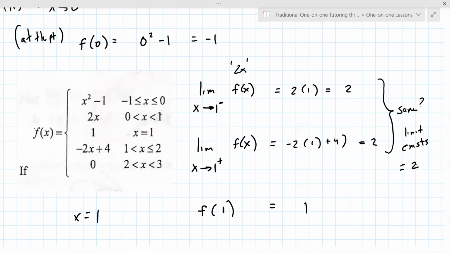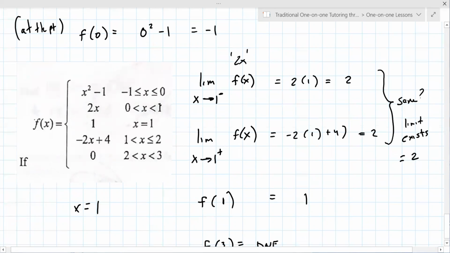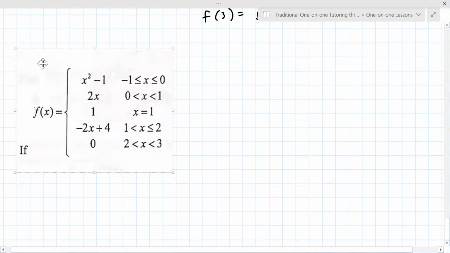And then you do it for 2. We're going to do the same thing at 2, so let me copy this down. I'm being really formal with the notation. You don't have to write all this.